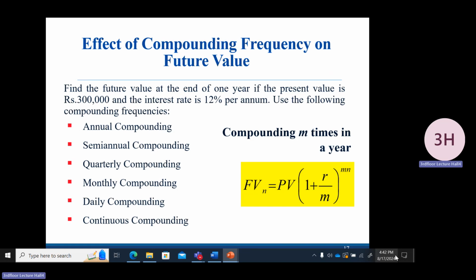You deposit 300,000. Interest rate is 12% per annum. The investment period is 1 year.